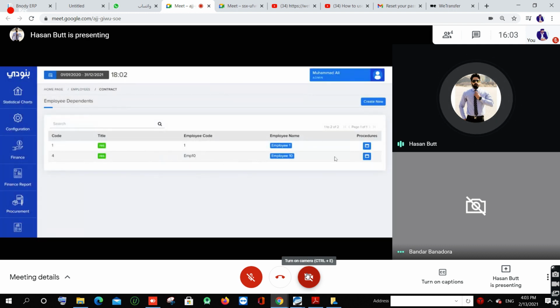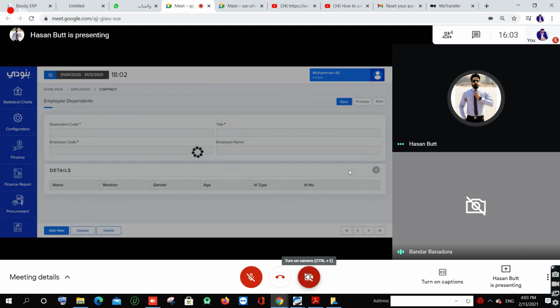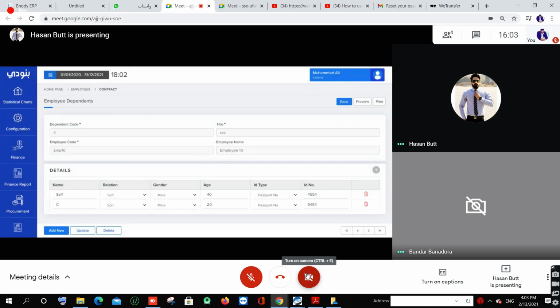We can create it just like this. Okay, so we can also add the name, which can be Mrs. XYZ, and it can be female, the age, the passport number or the ID number. You can add the number as well. This is just the information of the dependents.